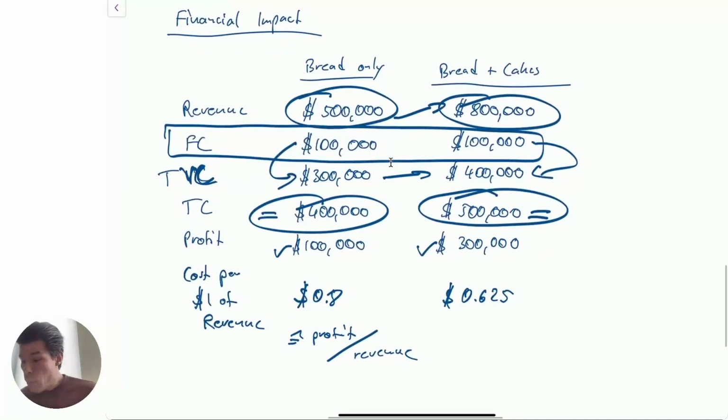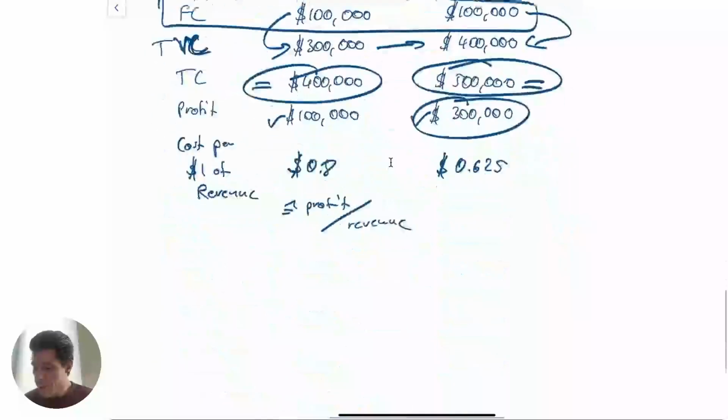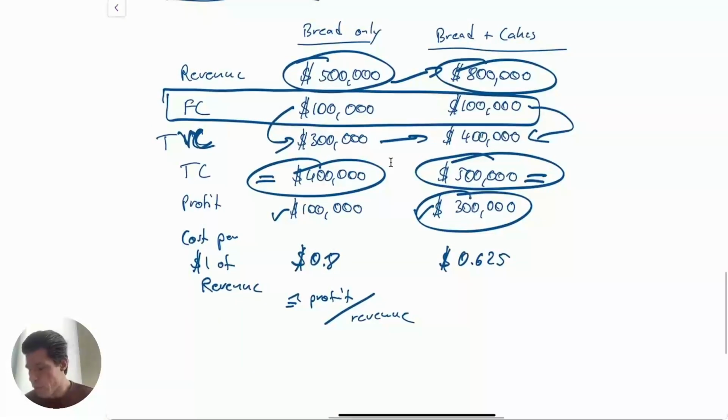And then we look at cost per type of unit. In this example, we don't talk about units because it's not our example. So to be able to compare, we know the absolute number of profit is higher here, but if we want to compare, we want to see the cost per $1 of revenue. What is the underlying cost? Before, we did it as cost per unit. Here we do it a bit differently, cost per $1 of revenue.